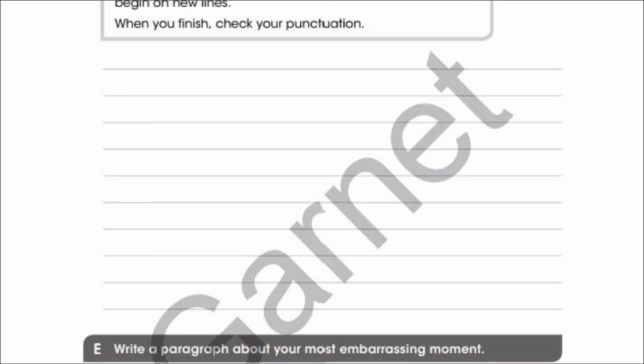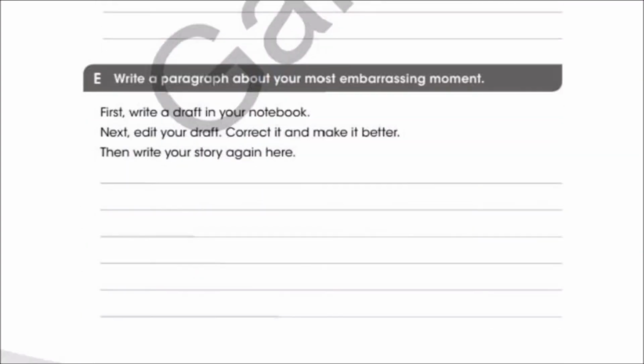Now let's move on to question E. Write a paragraph about your most embarrassing moment. First, write a draft in your notebook. Next, edit your draft. Correct it and make it better. Then, write your story again here.